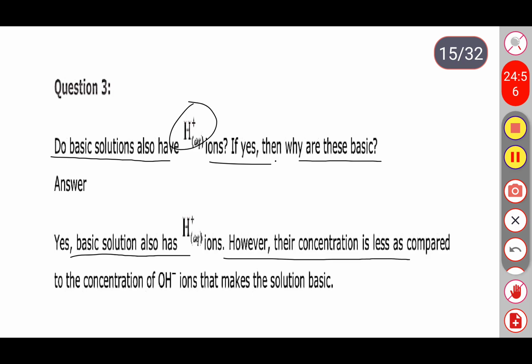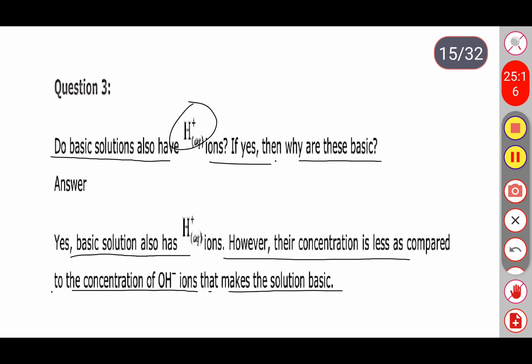In both acidic and basic solutions we observe hydrogen ions, but in an acidic solution, hydrogen ions are maximum. In a basic solution, the percentage of hydrogen ions is minimum when compared with acidic solutions.